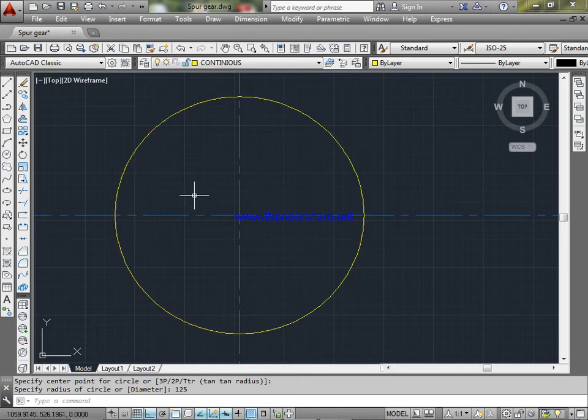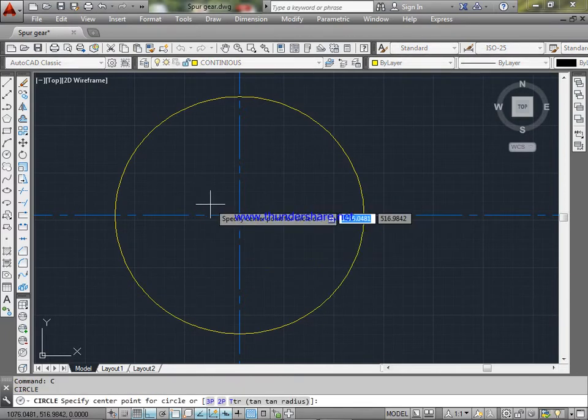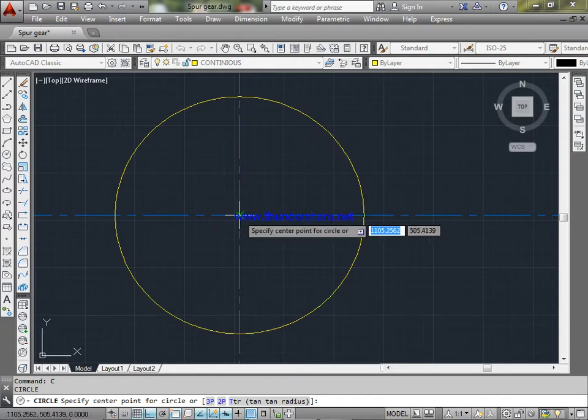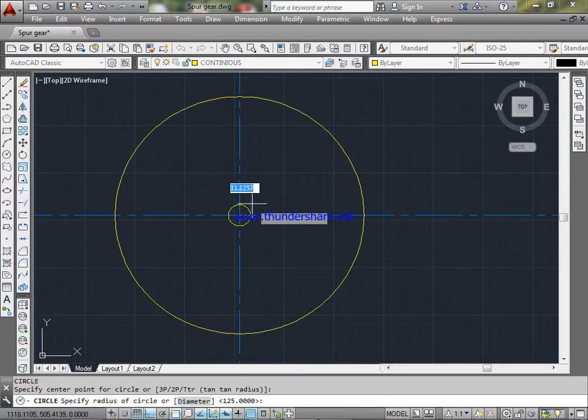Now draw the addendum circle. In this problem, the measurement of addendum circle dia is 270 millimeter. Taking this point as a center, the radius is 135, because addendum circle diameter is 270 millimeter.